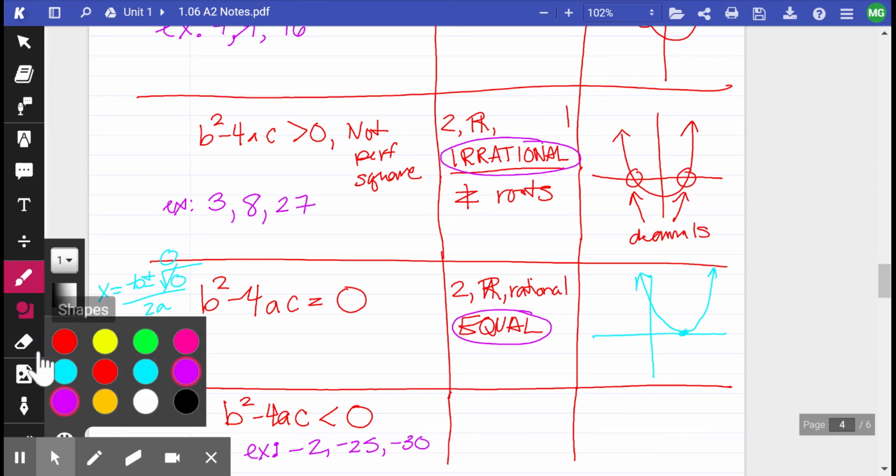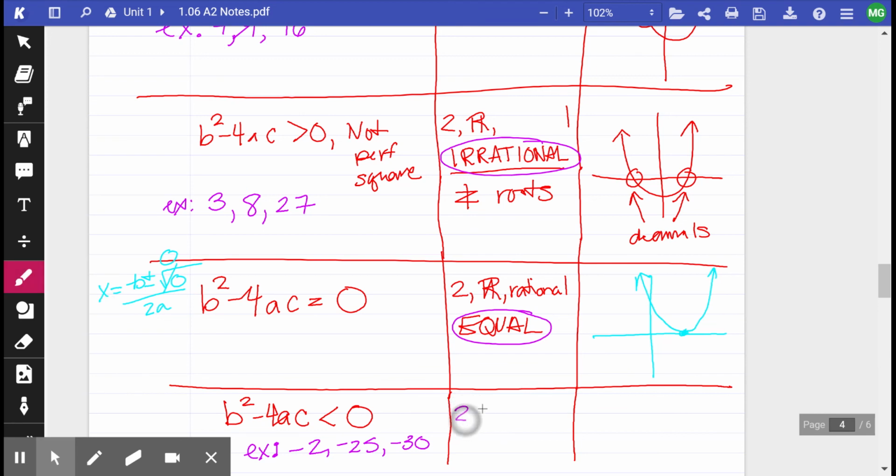All that matters is it's negative. So as soon as you see a negative, that tells you you're going to have 2 imaginary roots. And the graph of that means your parabola won't be touching the x-axis, so there are no x-intercepts.